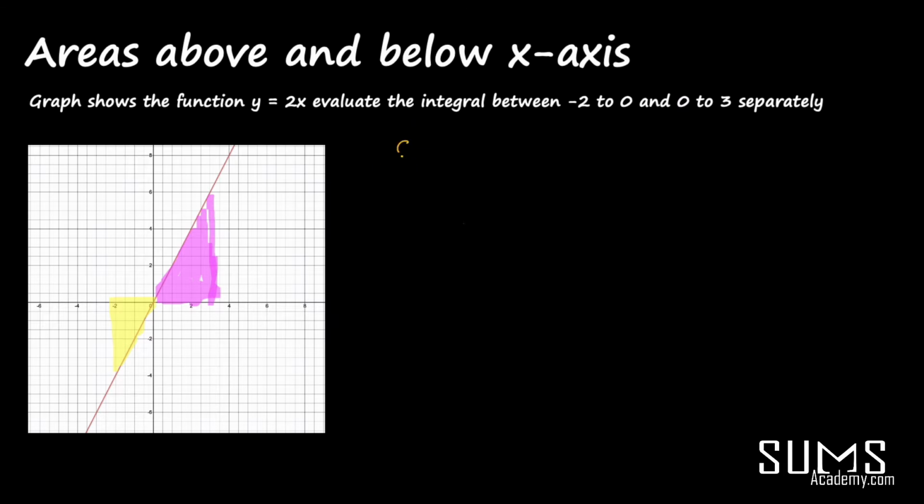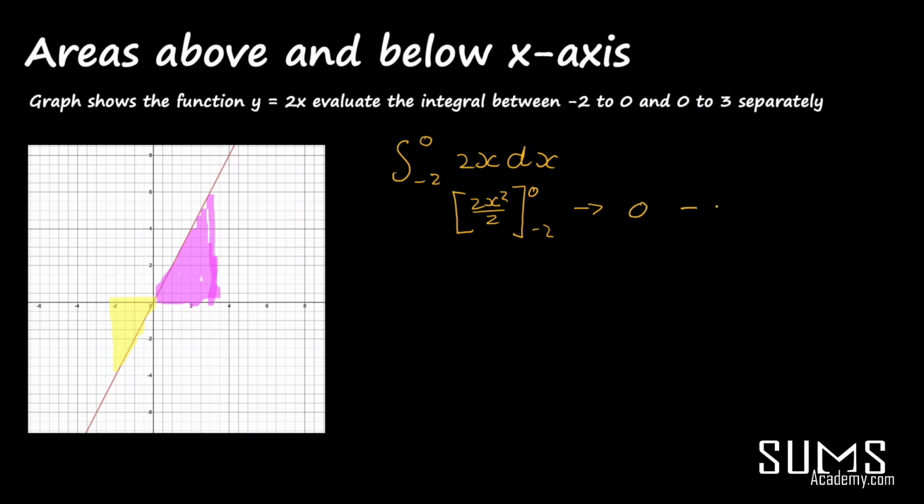So the integral between -2 and 0 of 2x dx is equal, well, it's quite straightforward, increase the power by 1, divide by that power, 2x squared over 2 between 0 and -2, which is equal to, well, substitute 0 in for the first one, that's just going to be 0.